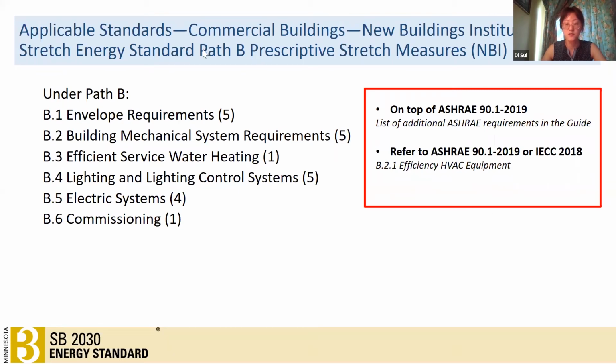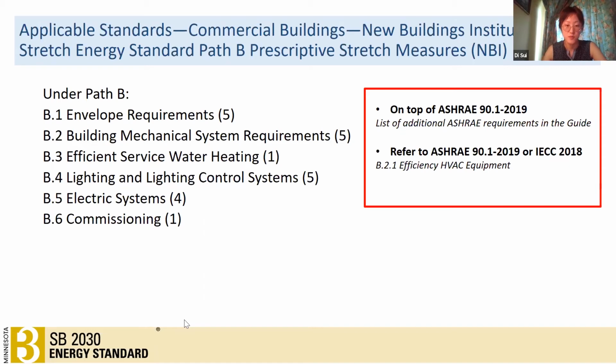We have a list of the additional ASHRAE requirements that need to be followed, and it is included in the small building guide, which you can find on the network that Pat just mentioned. And the second rule is that when a requirement in NBI references ASHRAE 90.1, we want to make sure that you're referencing the 2019 version.